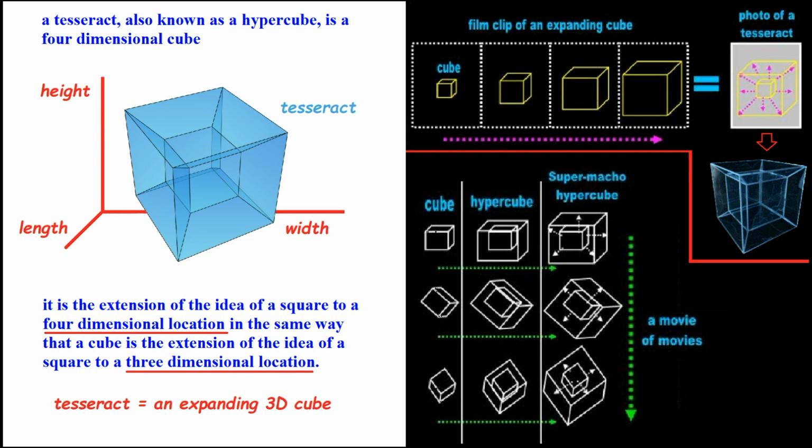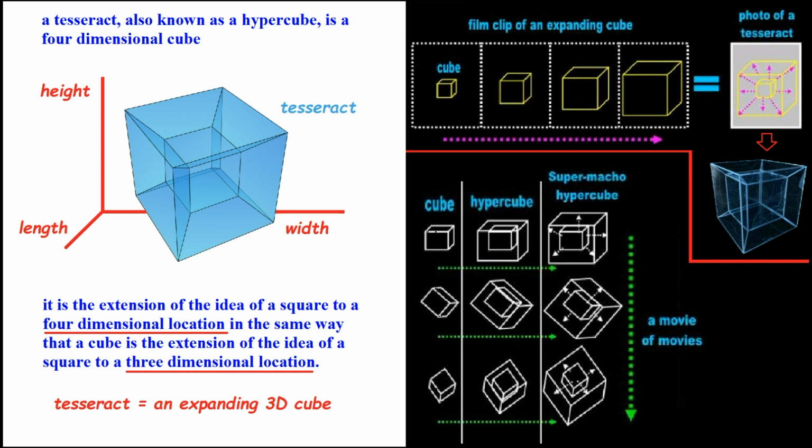So when you see that cube on the far right side, underneath the red arrow, those are two nested cubes, but those lines that connect the corners of those two cubes represent that the little cube is expanding. It's like a photograph of a movie where they only show the first frame of the movie and the last frame of the movie.